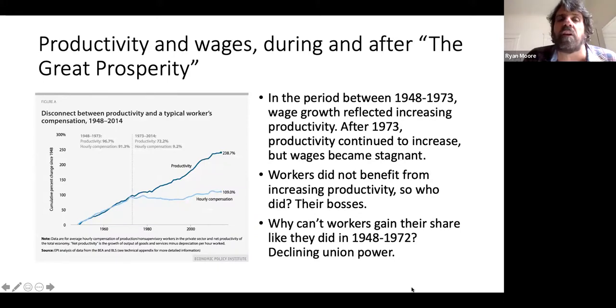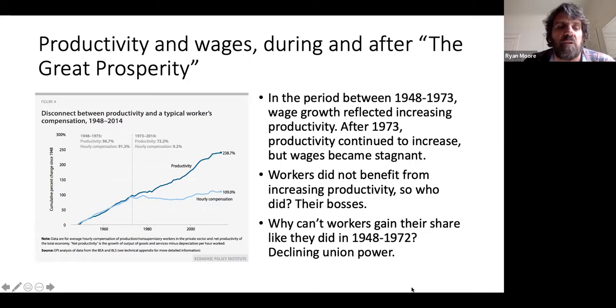This chart looks at workers' compensation relative to productivity. And here again, we see a tale of two different periods in history, where the 1970s is the transitional moment.